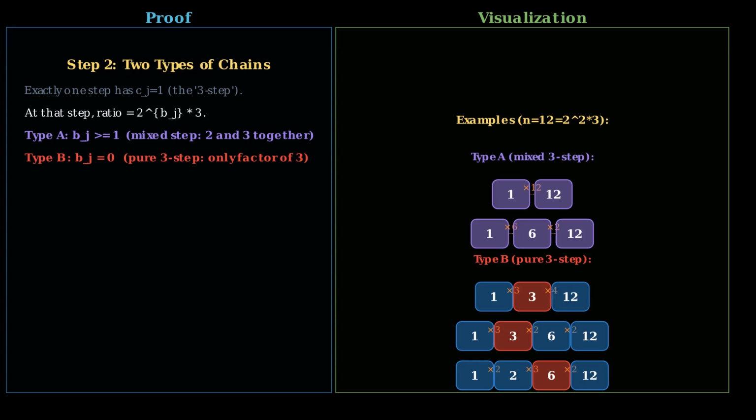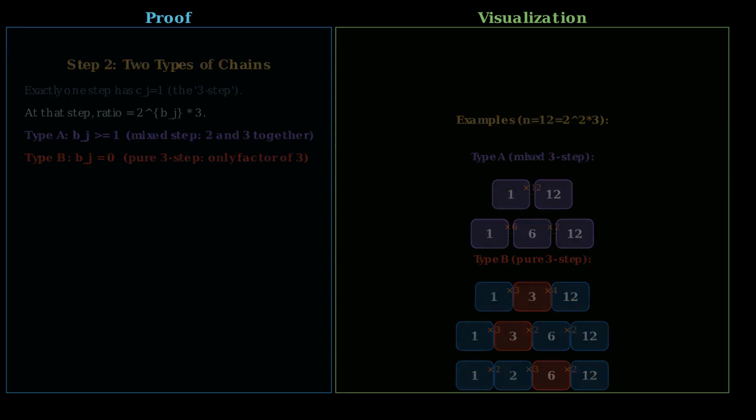That is, b_j is at least 1 at the step where c_j = 1. Type B. The 3-step is a pure step multiplying only by 3. That is, b_j = 0 at the step where c_j = 1. This classification is the key to the counting argument.